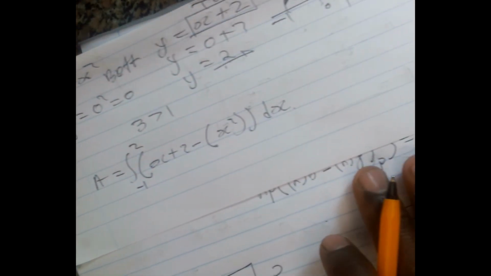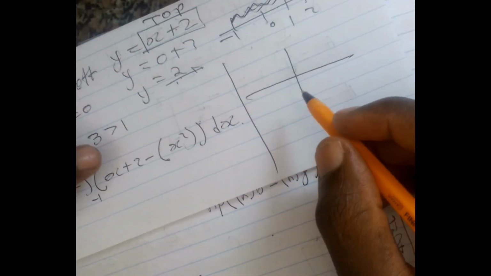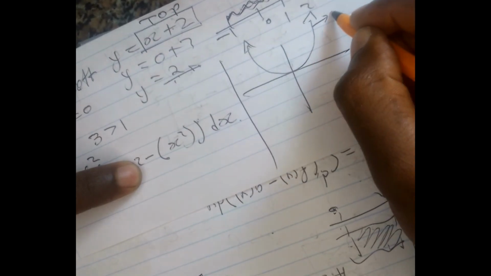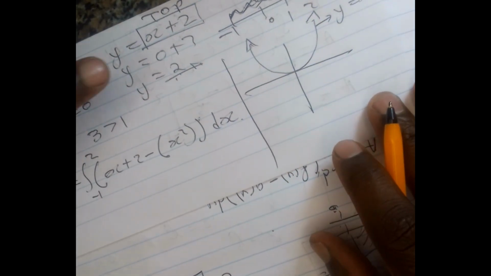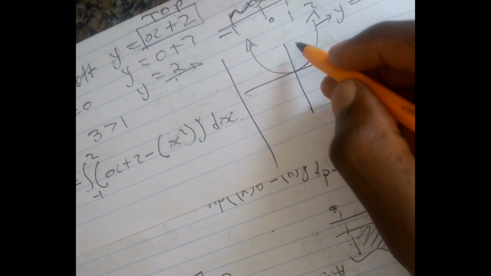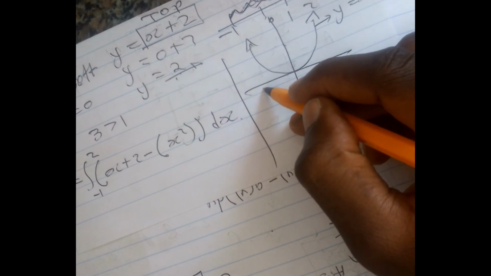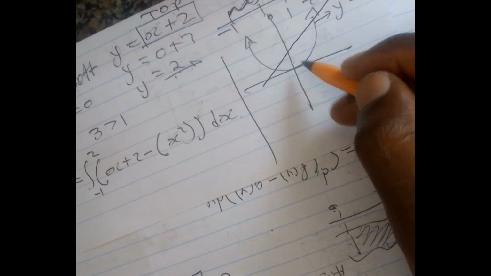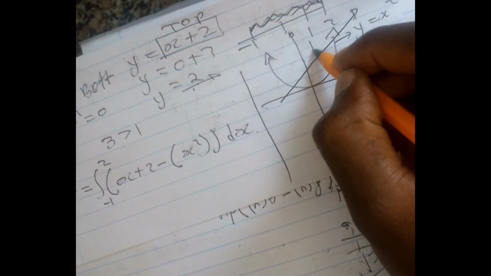Just to verify that, we're going to sketch it. We have x squared, that's your parabola, y equals x squared. And then the second one, x plus 2, is 2 units up, so it's going to be something like that. You see that this one is on the top.